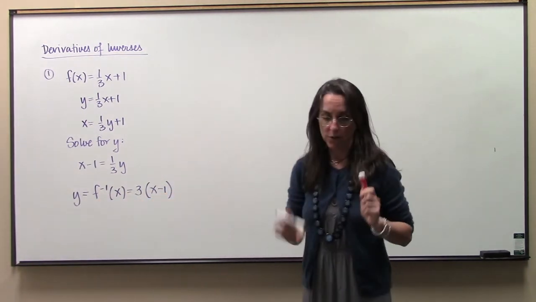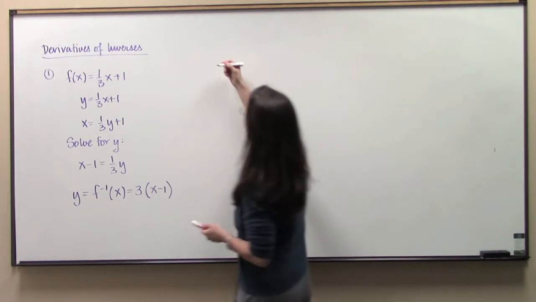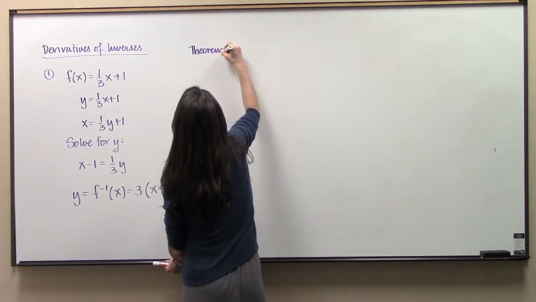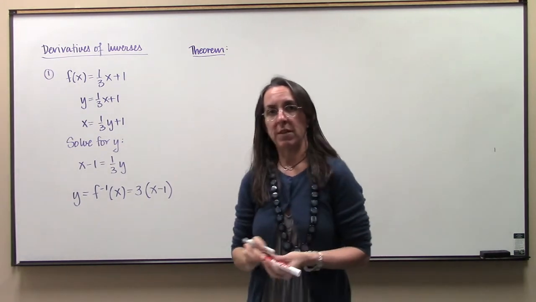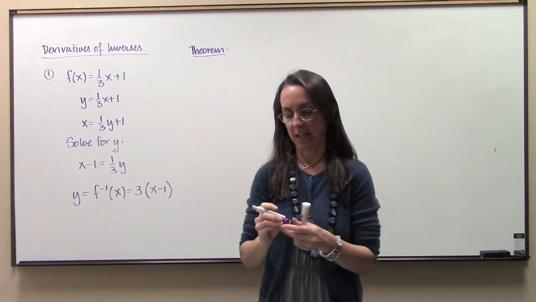So, okay. So what do the derivatives look like? Well, here's a theorem that we're going to use, and I'm not going to prove this, I'm just going to ask you to trust me that this thing is actually true.